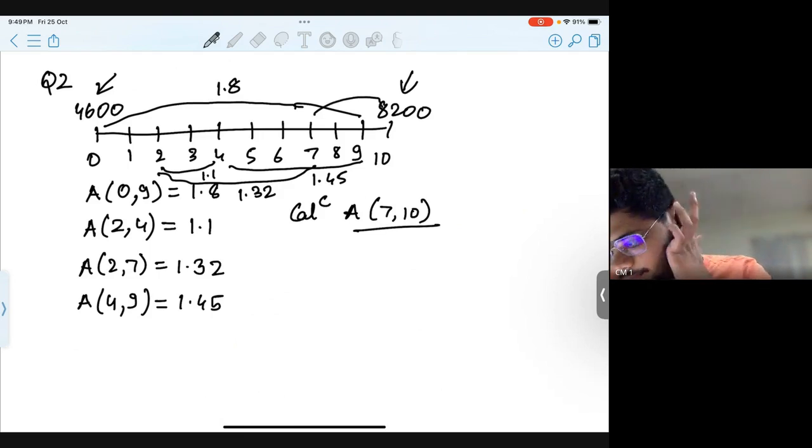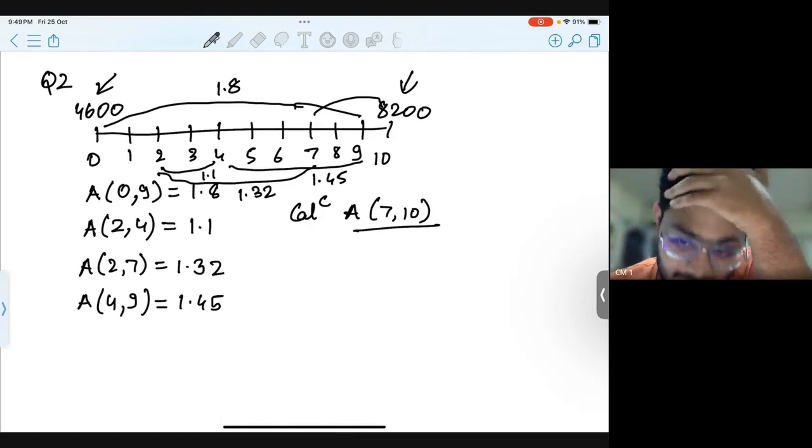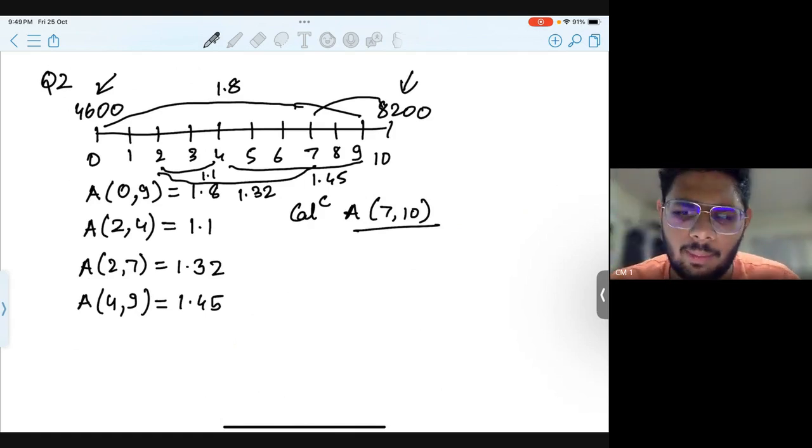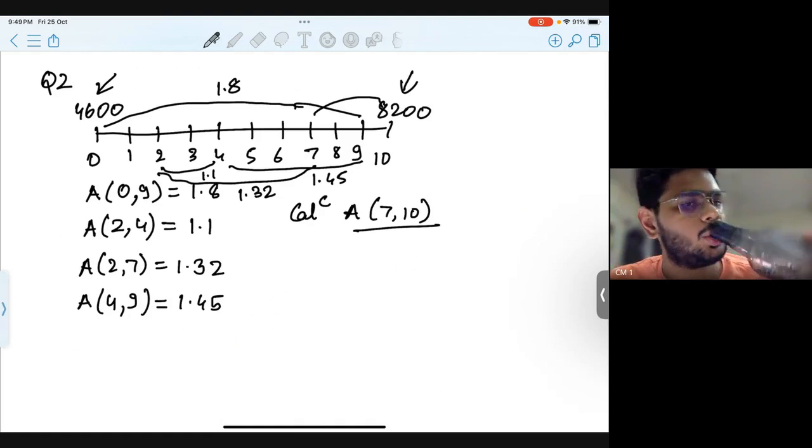ठीक है. So now how will we go about doing this? Do you want to try this on your own? This is an interesting problem. This is like a puzzle rather than an actual problem. और ऐसा problem exam में भी कम ही आने को दिखेगा. पर do you want to solve this?